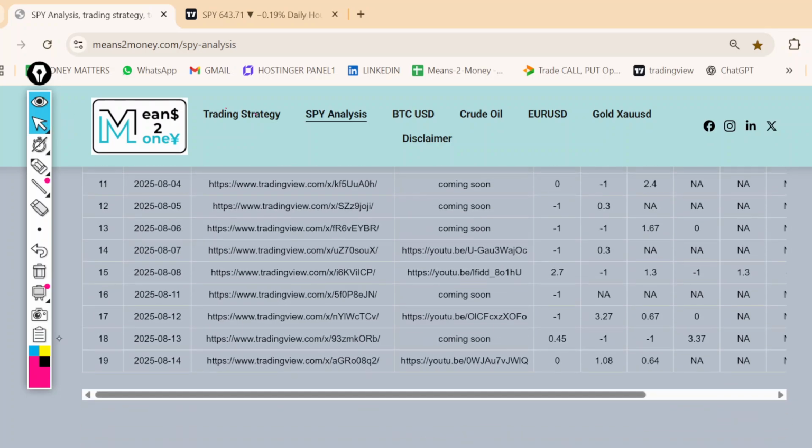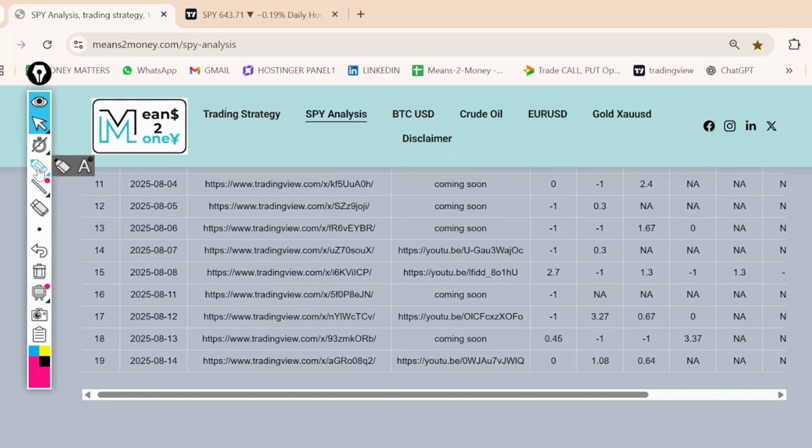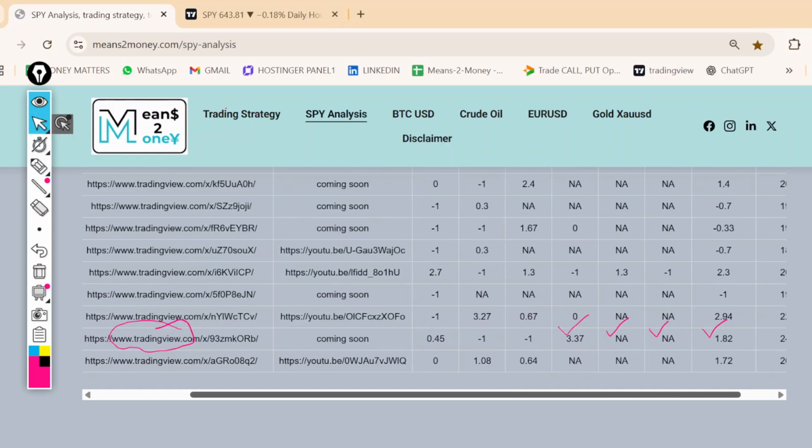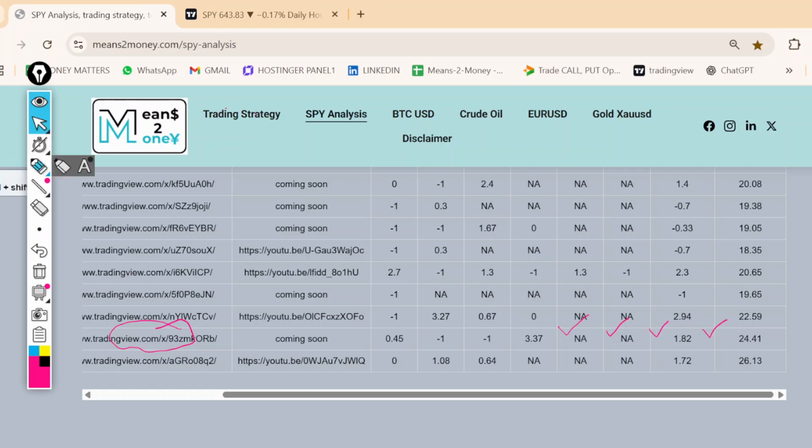This row number 18 is our 13th August. We have made 0.45 risk reward on the first trade, then 2 trades loss in a row, and the third trade was 3.37, and the total of all the 4 trades comes to 1.82 risk reward, which has been updated here. So that's all for this 13th August trades.